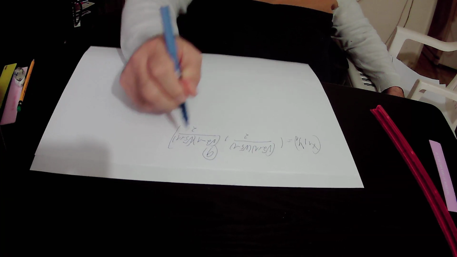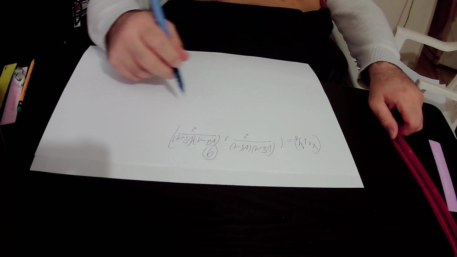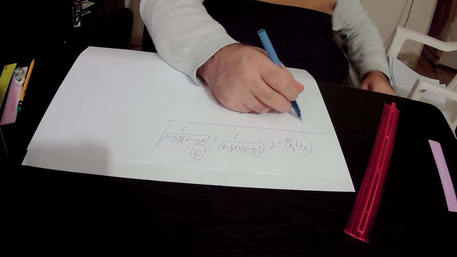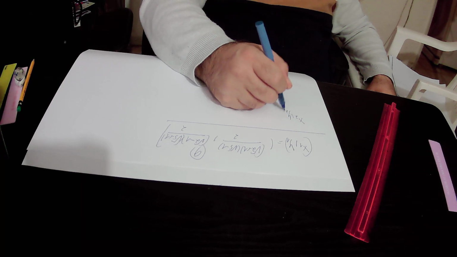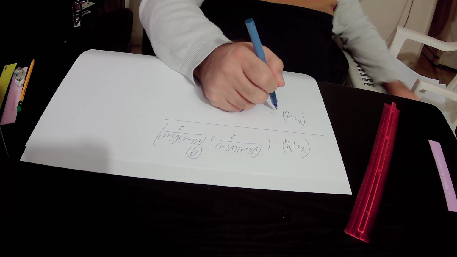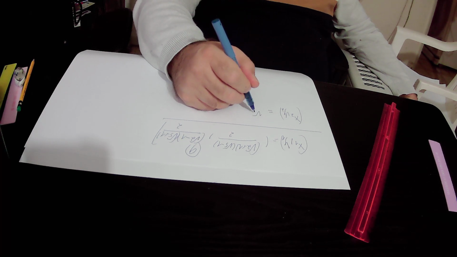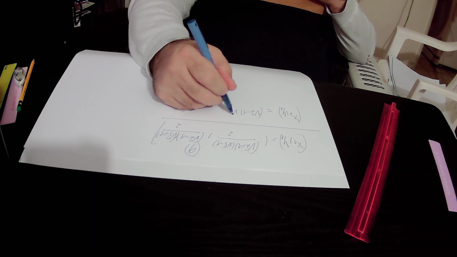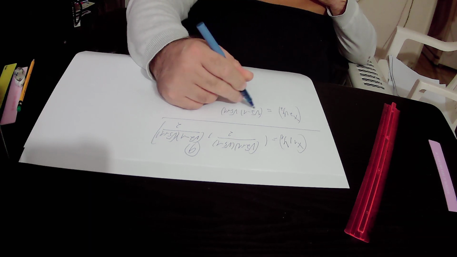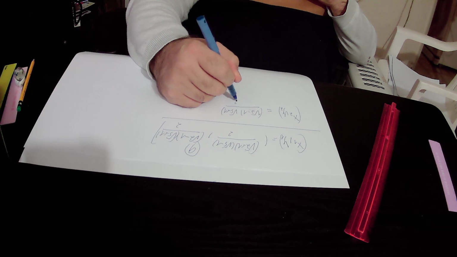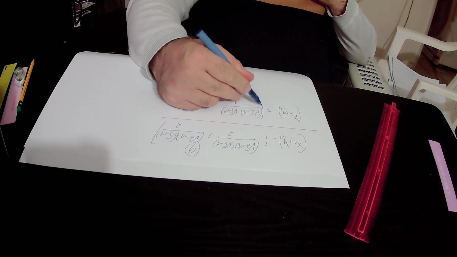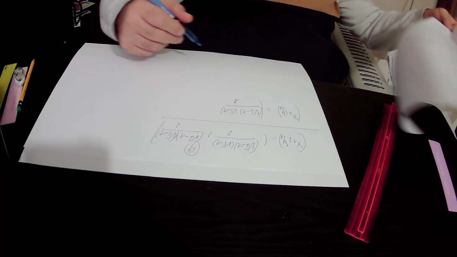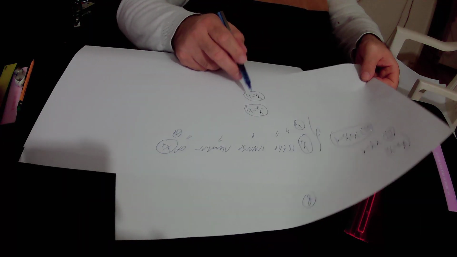So this is the first solution to the question, and the second solution to the question is x2, y2. We have already found out that x2 is square root of 2 minus 1 times square root of 5 plus 1 divided by 2, and we found out that y2 equals x1.